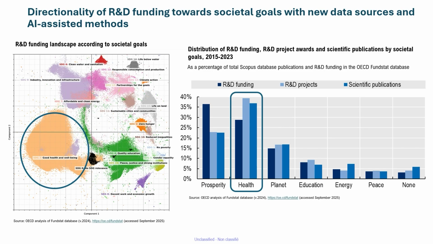The second bar is the number of R&D projects, and the third is the number of scientific publications. This is for the period 2015 to 2023, which includes COVID, which might explain why health has been so well served during this period.